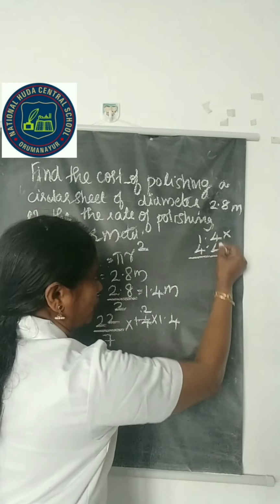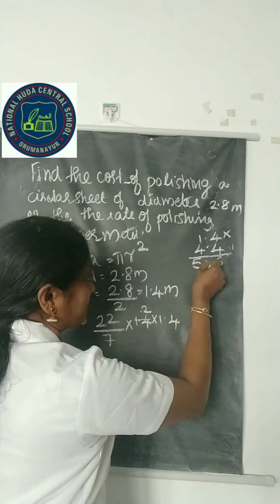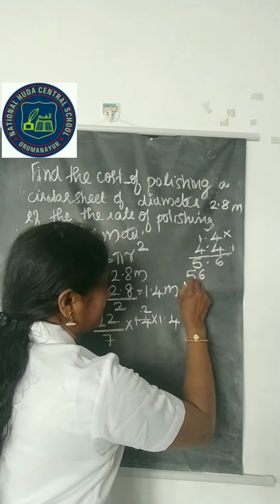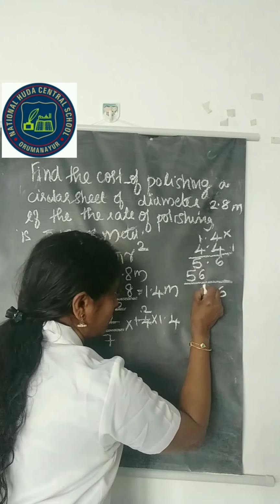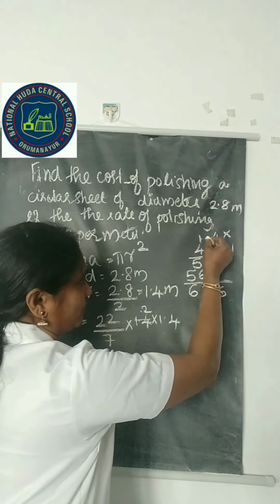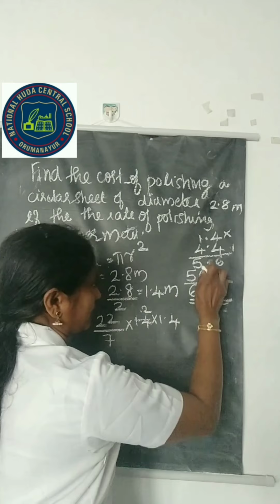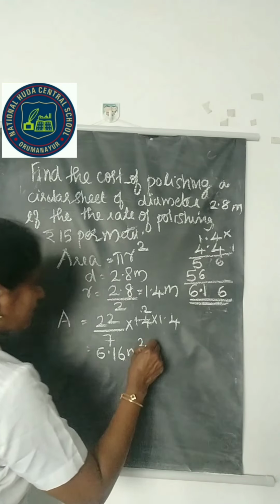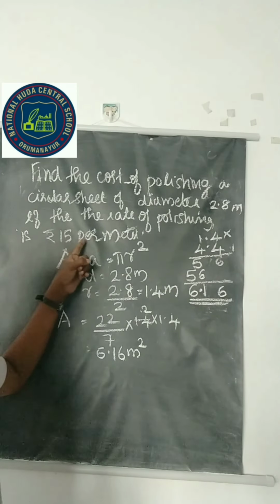When you multiply, you get 616. There is 1 decimal here and 1 decimal here, so after 2 numbers we put the decimal. That's equal to 6.16 meter square.